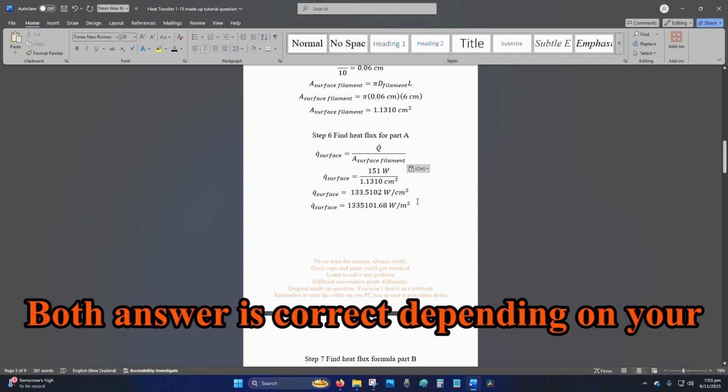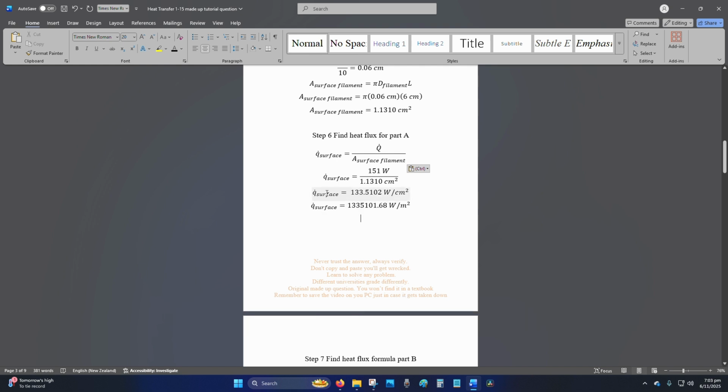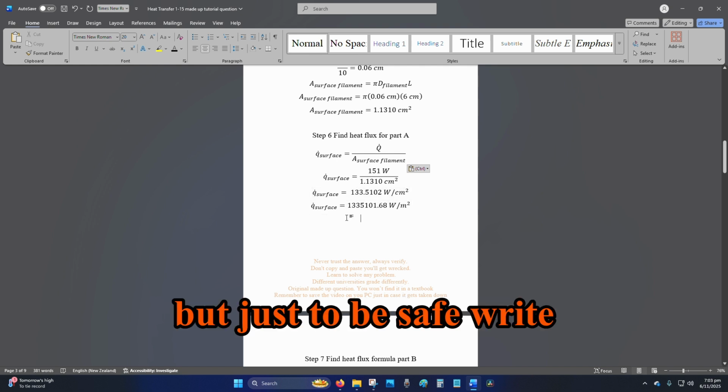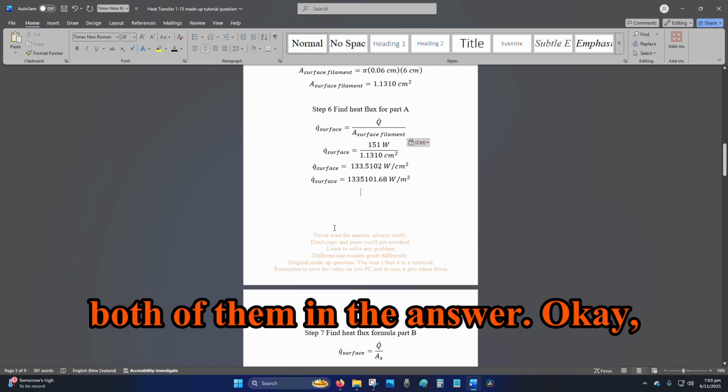Both answers are correct depending on your professor and lecturer. They may prefer this one, but just to be safe, write both of them in the answer.